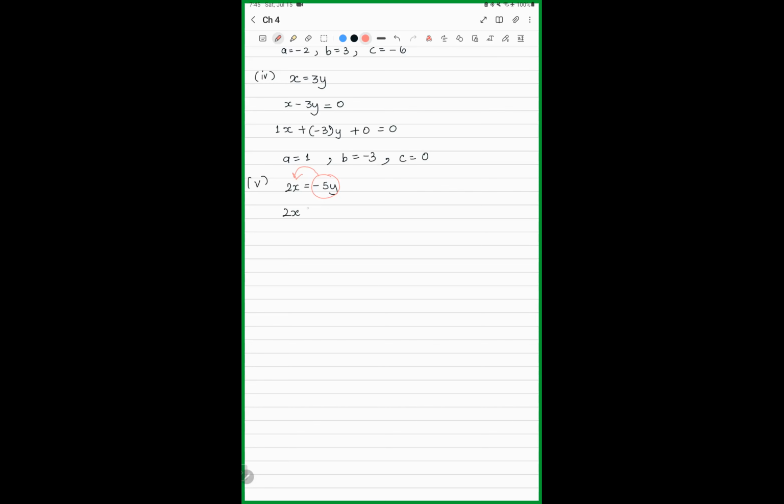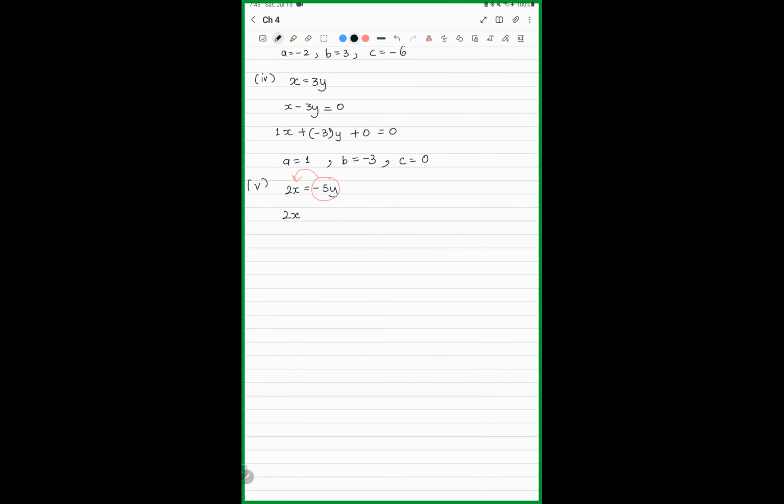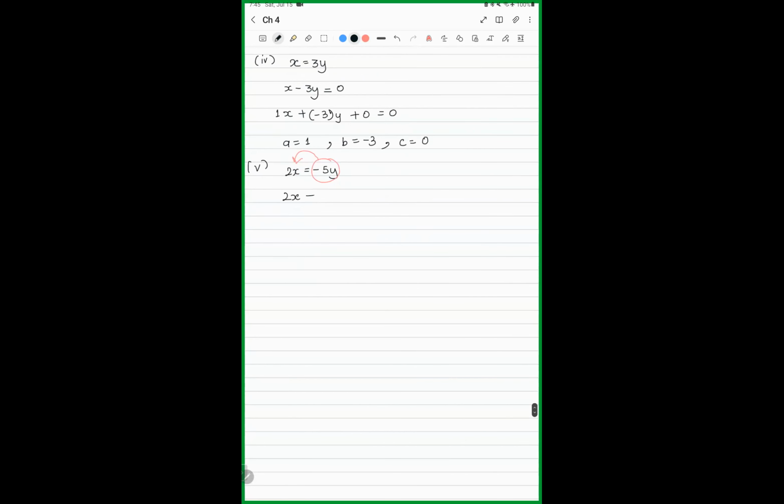It will become plus 5y, right? Are you understanding? Minus 5y goes to the other side. It becomes plus 5y. 2x plus 5y equals 0.